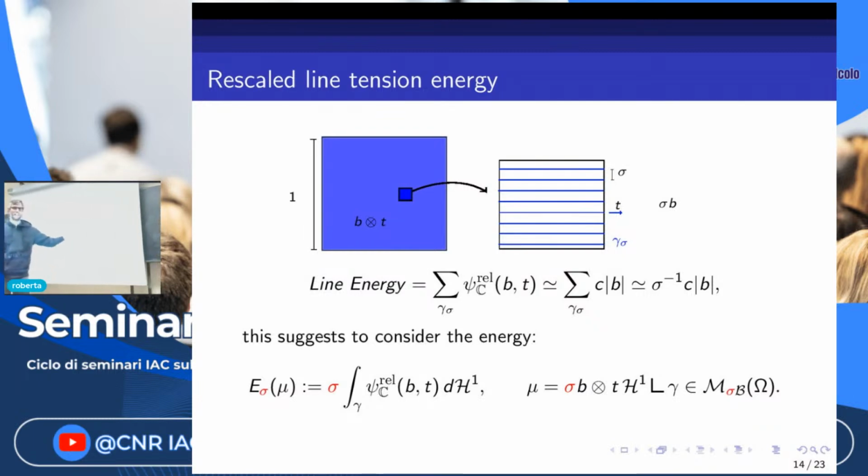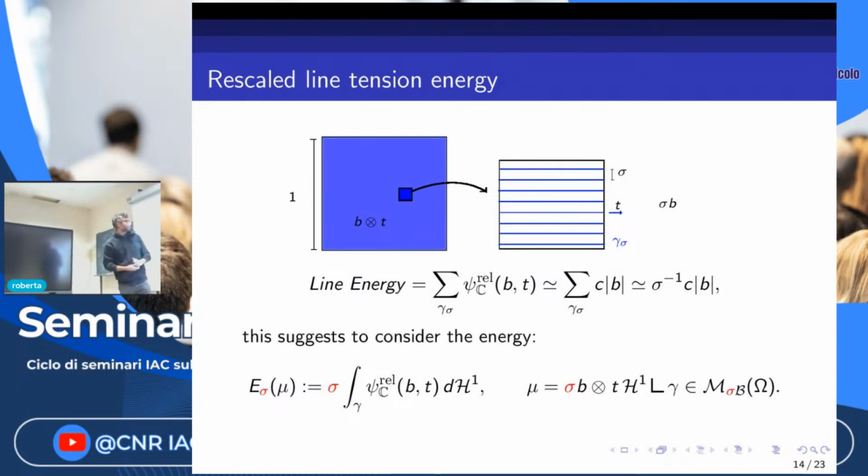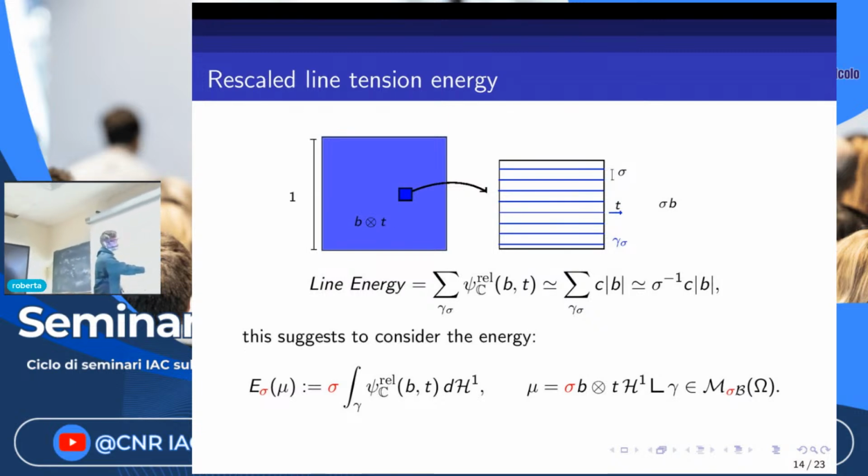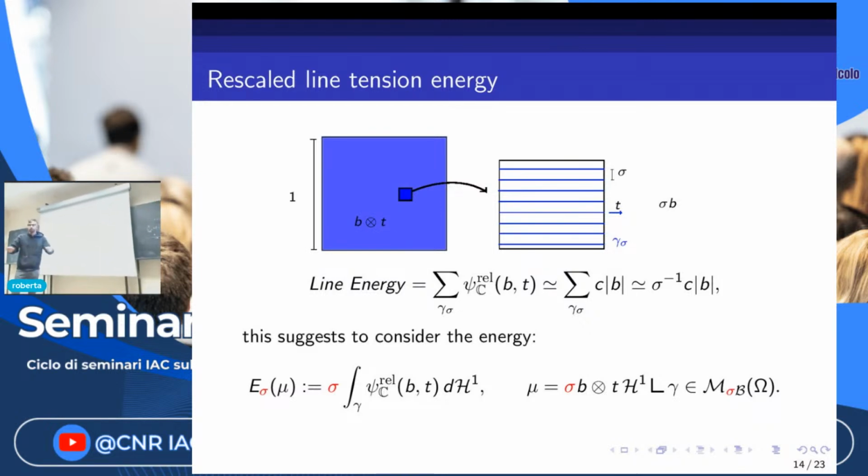How many lines do I have? 1 over sigma, if this has unit length. Since the unrelaxed density is linear, as we already said, the energy diverges like 1 over sigma. So if we believe that this is one of the actual possibilities, then of course we have a lot of dislocations in the space.